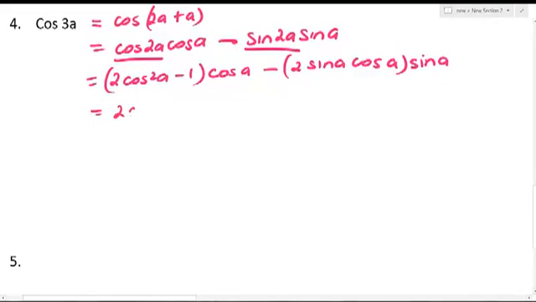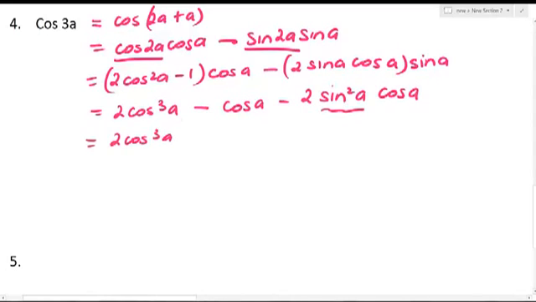Expanding that gives you 2 cos cubed a minus cos a, so that's a lone term, minus 2 sine squared a cos a. I'm going to change sine squared a into 1 minus cos squared a. So we still have our first term as is, our second term as is.